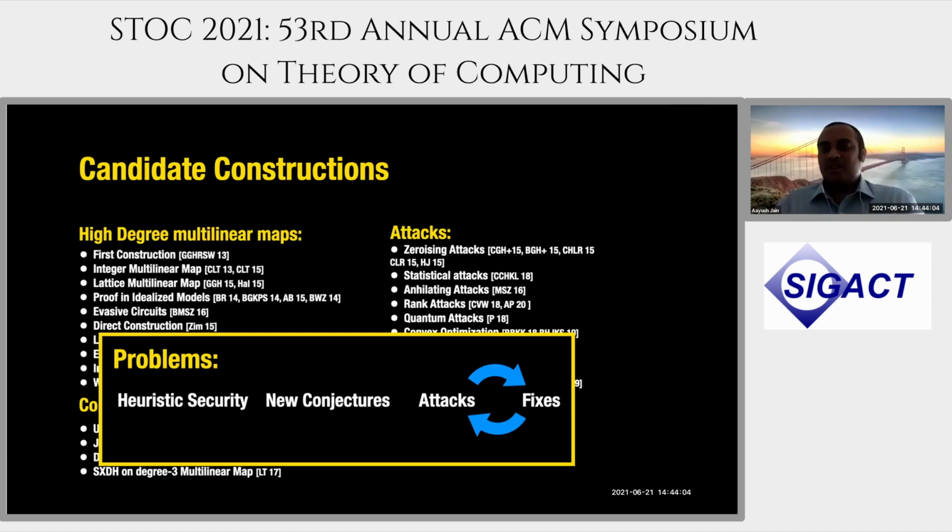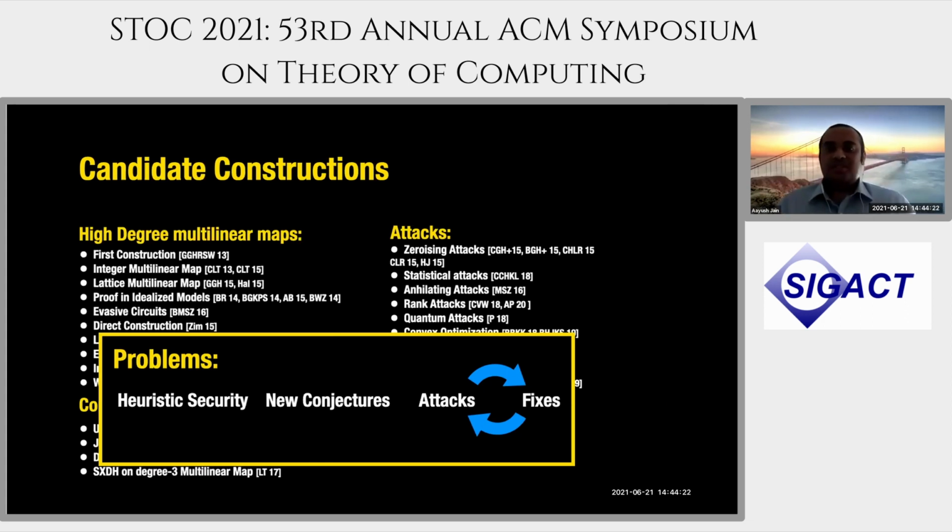But more importantly, and in a more disappointing manner, there were cycles of attacks and fixes in both of these cases. There was a construction which was broken, which was fixed again, and this cycle kept happening and happening. Because of this, our confidence lowered further.